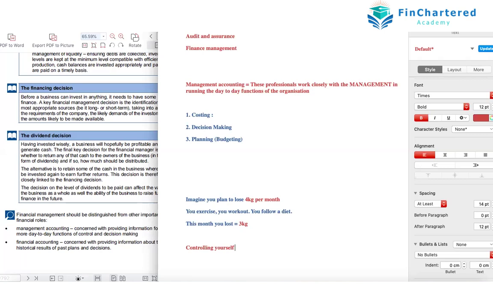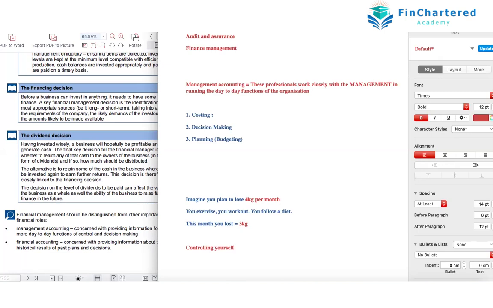Like, for example, when you see food, you will look away. And somebody asks you if you need kulfi, ice cream, you will nod your head side to side, right? You will say no. You will start controlling yourself.